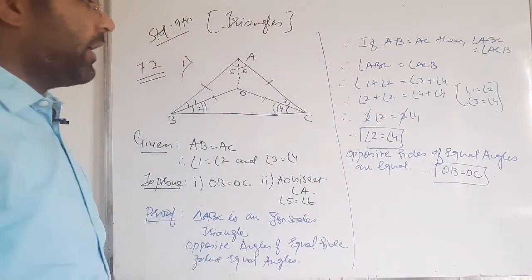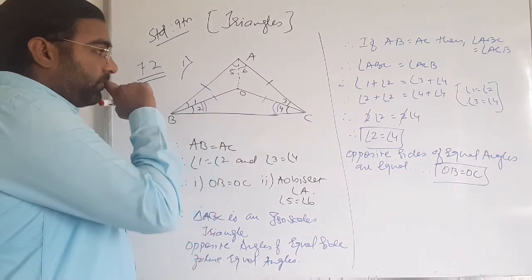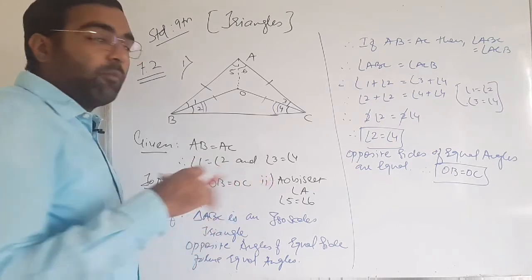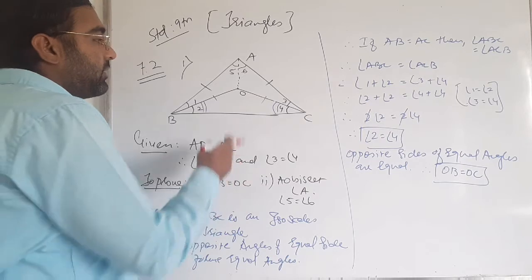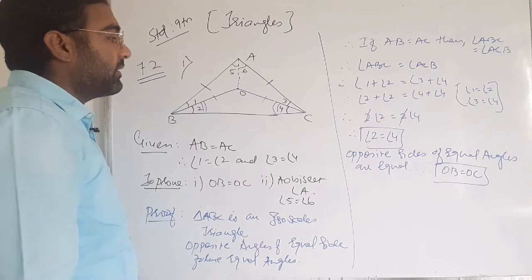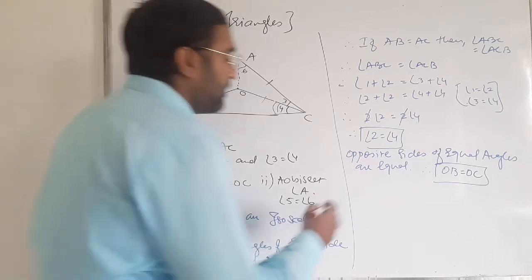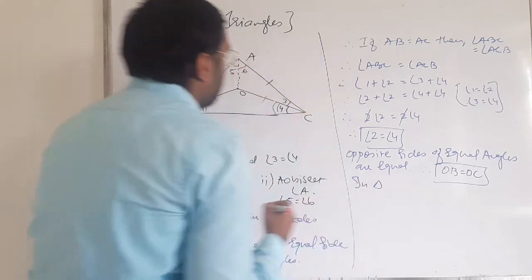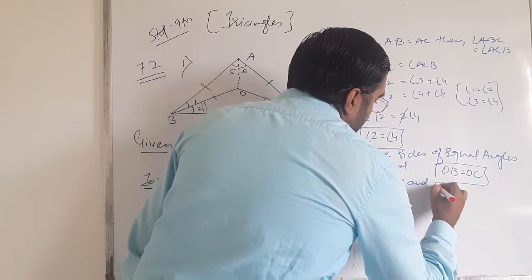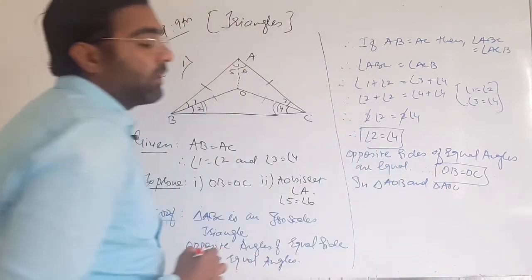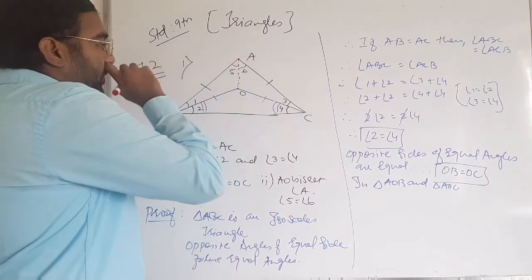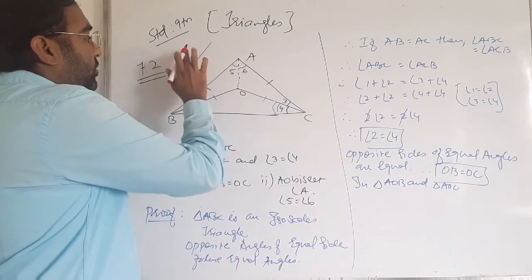Clear? Now the first thing is done. Now we move to the next thing. For this, I'll take triangles AOB and AOC. If you want, I'll show you.